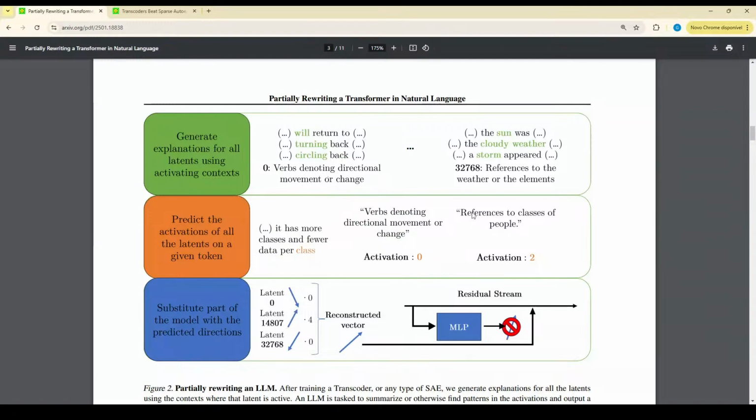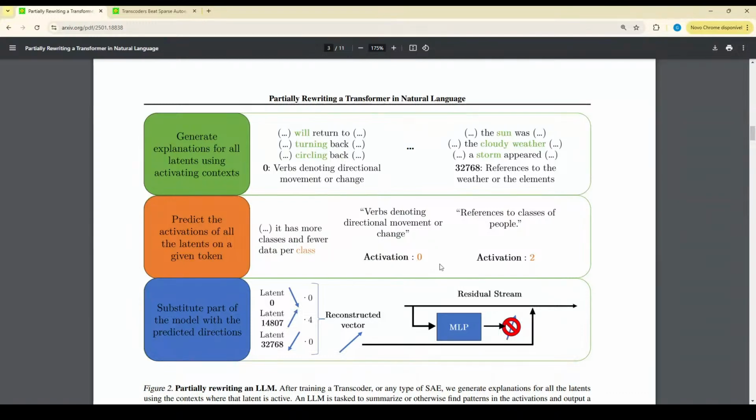But if you instead say the explanation is references to classes of people, the model says that the activation is 2. The activation goes from 0 to 10. It's 2 and not a higher number because this class doesn't seem to be about classes of people, but maybe data classes or something about programming.